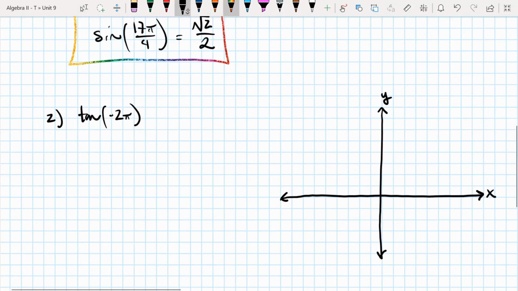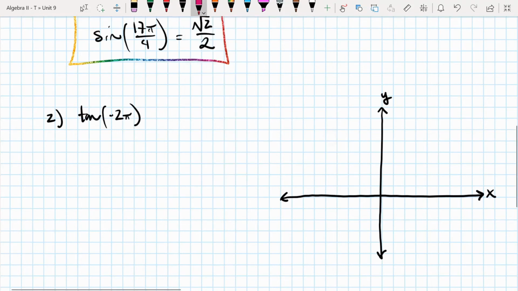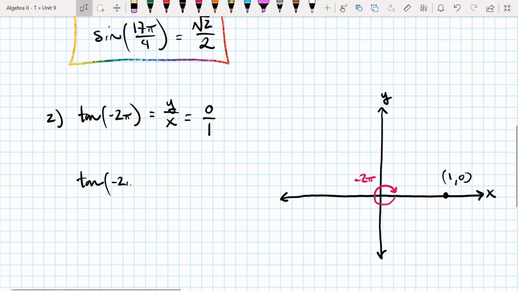So if we're dealing with negative 2 pi, we're going to be going clockwise, and 2 pi is one rotation, so this is negative 2 pi. And so the coordinate point is going to be located here at 1, 0. Well, tangent is defined as y over x, and so this is 0 over 1. And so tangent of negative 2 pi is equal to 0, which is the ratio of 0 over 1. So that's our answer for the second one.